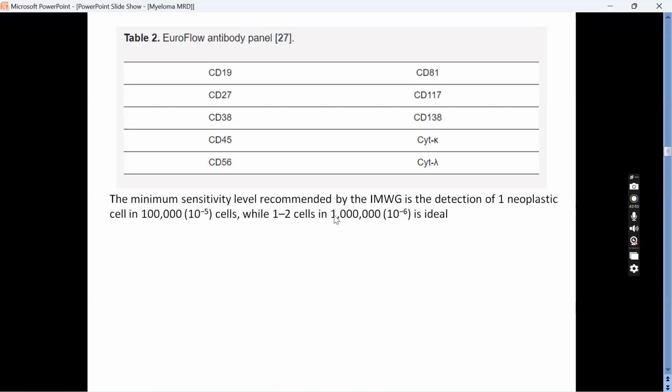If you are acquiring only 5 million, you hardly need to call a population as disease with only 5 or 10 events, which is very difficult. But if you acquire 10 million, then you will have 20 events. Then it is relatively better to call with confidence that all those 20 events are abnormal events.